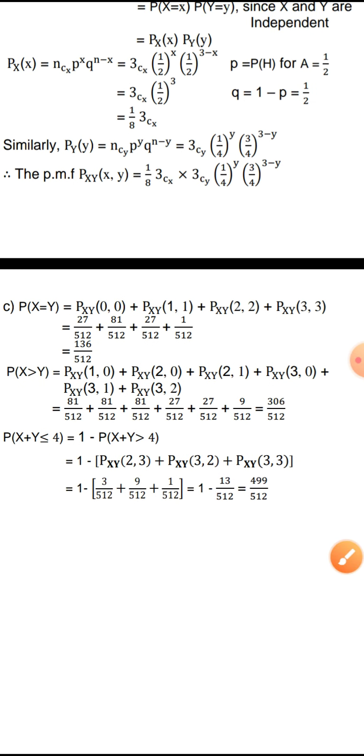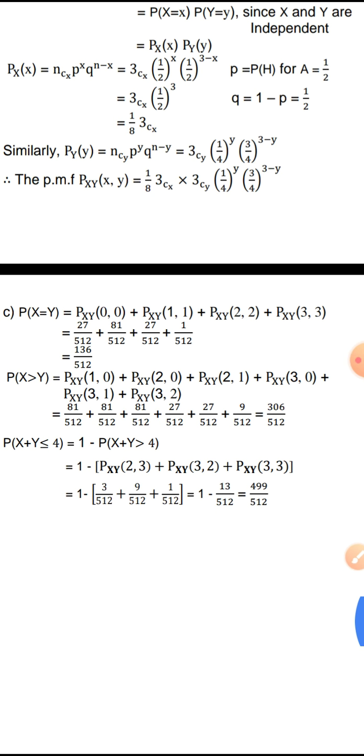Probability that x will be greater than y. So x value should be greater than y value. 0,0 not possible, 1,0. 1,1 not possible, 2,0, 2,1. 2,2 not possible, 2,3 not possible. 3,0, 3,1, 3,2.